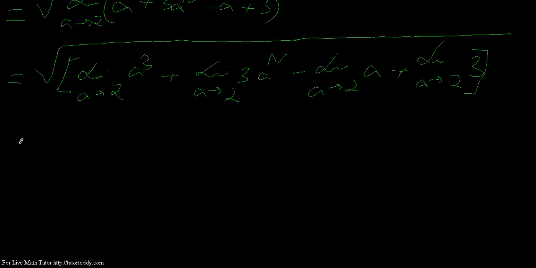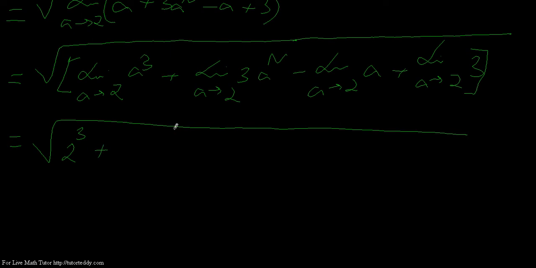Then you replace the values. That means in place of a you put 2, so you get 2 cube plus 3 into 2 square minus 2 plus 3.